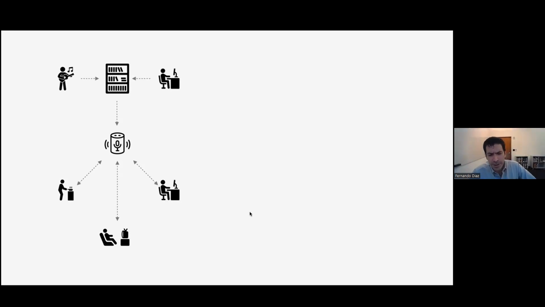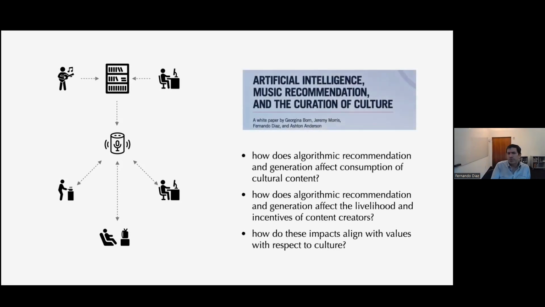And in work that I've been doing with multiple colleagues in the social sciences, we've been starting to ask ourselves, what are the broader implications of having this machine mediation on this corpus of human artifacts? And the sorts of questions we've been asking ourselves are, how does algorithmic recommendation and generation affect the consumption of cultural content?